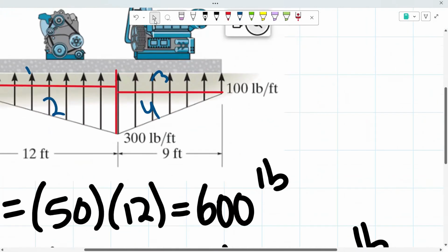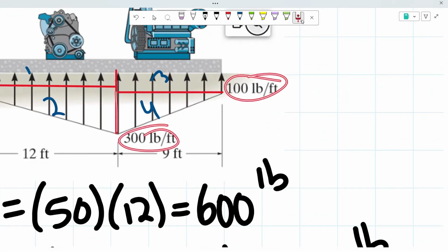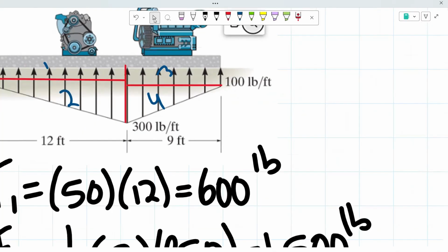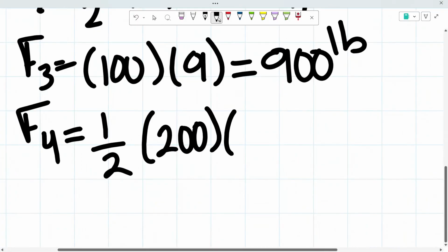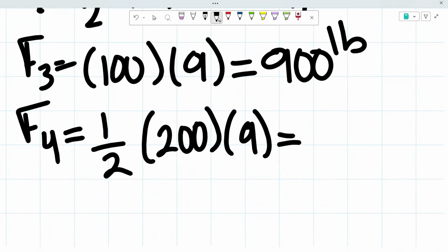This time, we're subtracting 100 from 300 to determine that maximum weight, which is 200 pound-feet. And that should give you 900 pounds as well.